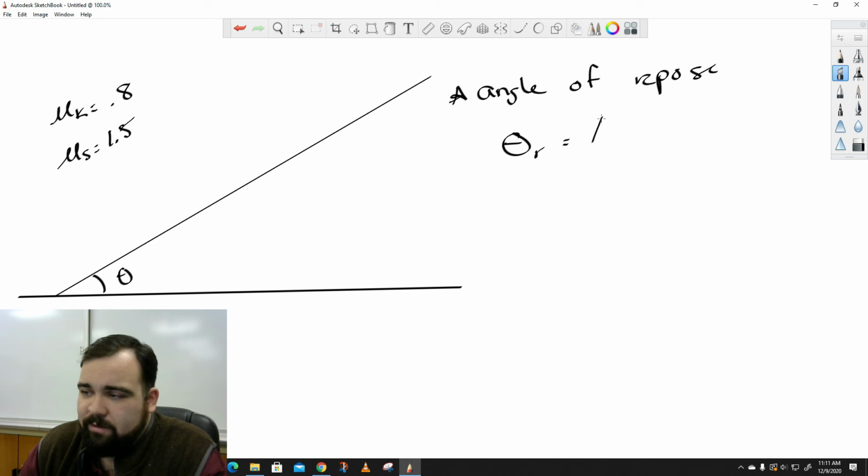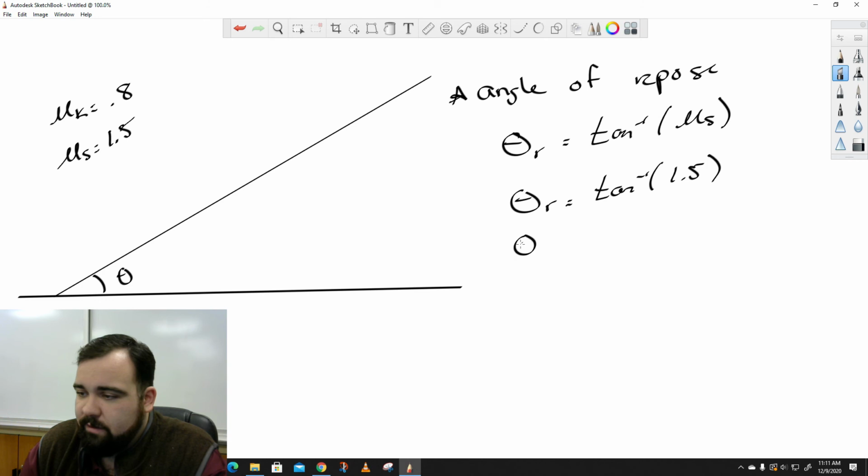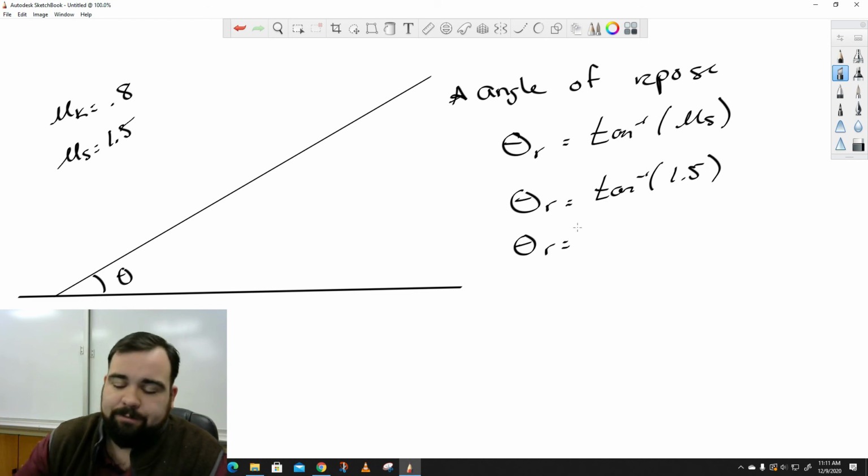So we can jump to an equation for this, and that is theta r, angle of repose, equals inverse tangent of mu s. And you can go straight to the answer of the problem by going inverse tangent of 1.5 to get theta r.